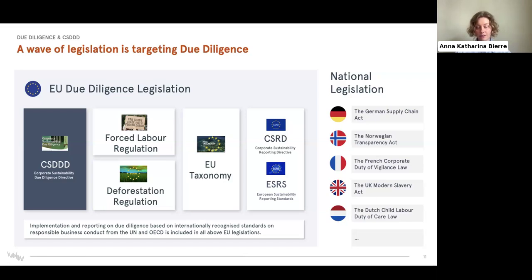The due diligence obligations as such remain intact, really solidifying due diligence as a central role across all these legislations and regulations. And for CSDDD specifically, the scope of in-scope companies is suggested to remain the same. It was already severely watered down during the negotiations. And when we do a quick count, we can see that 95% of the directive's requirements are also expected to remain unchanged. So early and thorough preparation to align is still highly relevant when it comes to CSDDD.